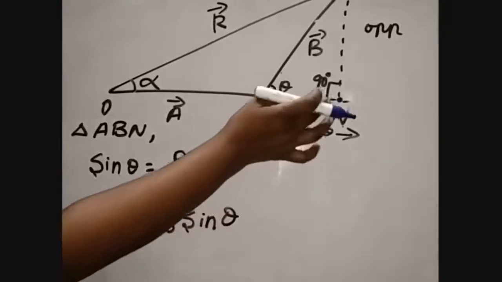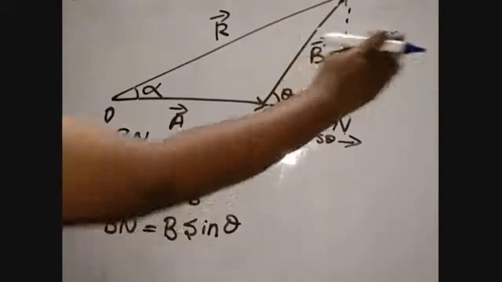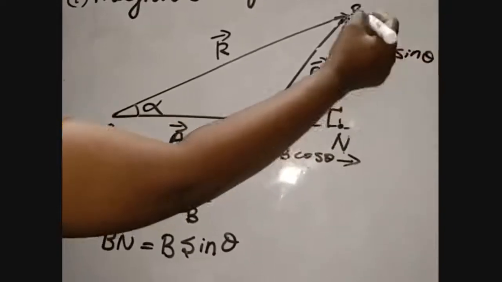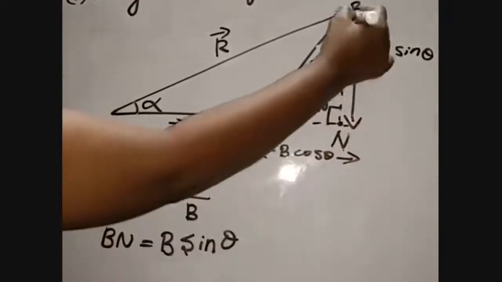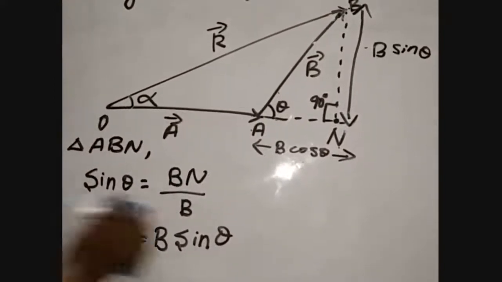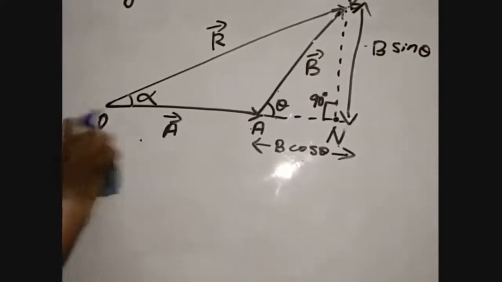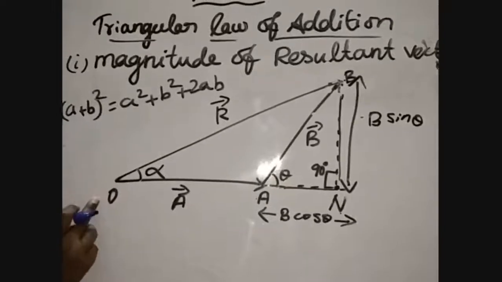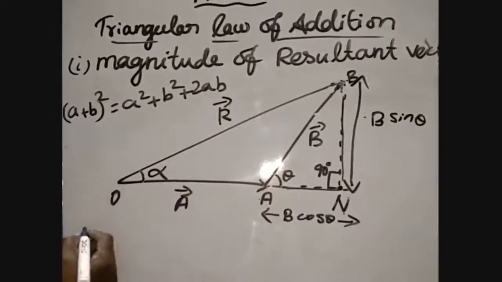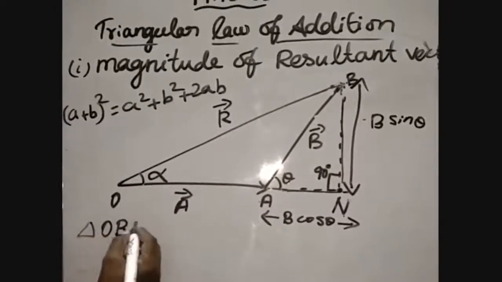So the value of BN is B sin theta. Now the triangle OBN. This one is a long triangle.